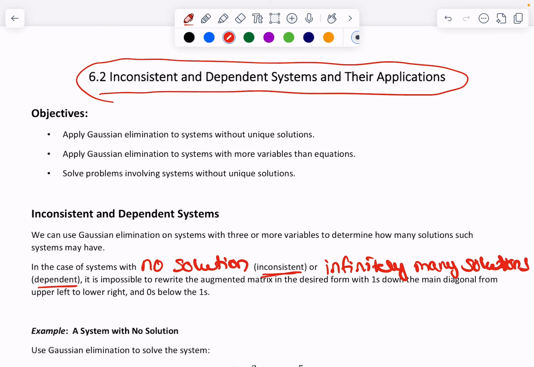So inconsistent is no solution, and dependent is infinitely many solutions. So what we can do when we have an inconsistent or dependent system, we can use the Gaussian elimination on systems with three or more variables to determine how many solutions such systems may have.